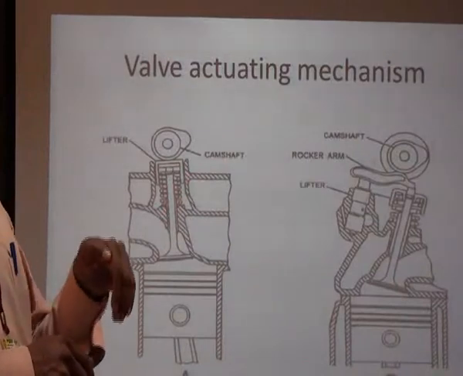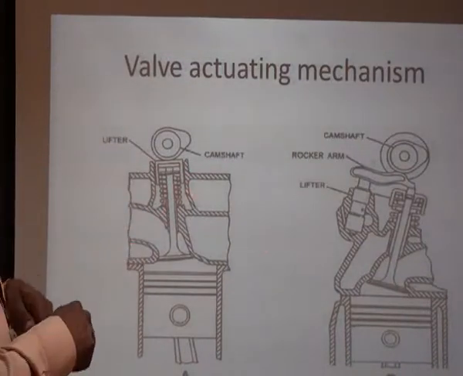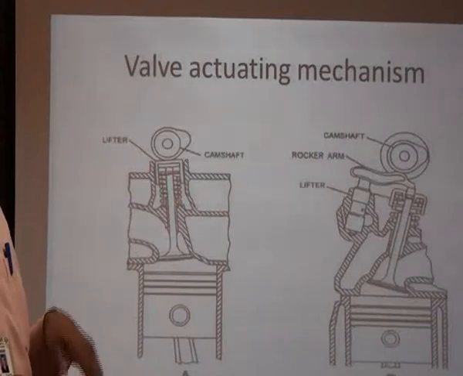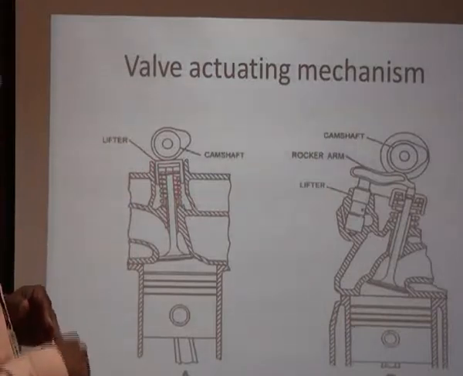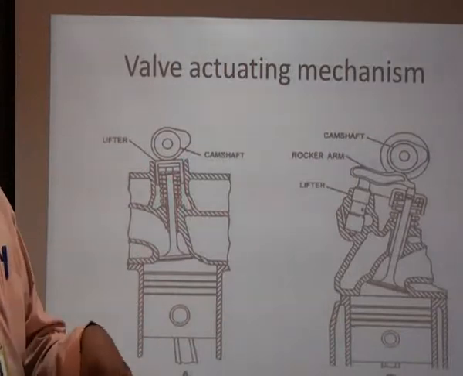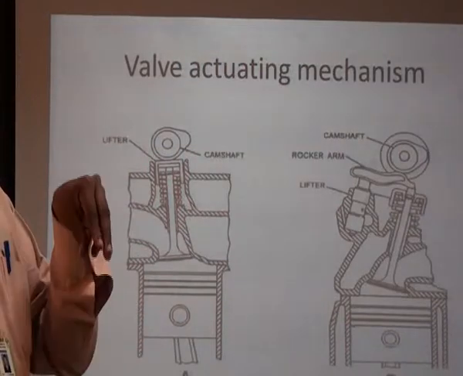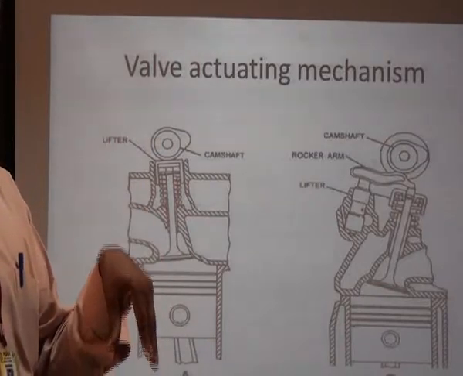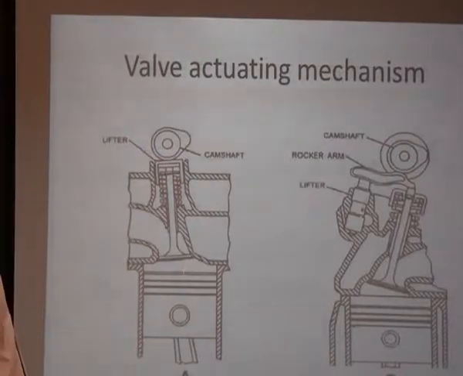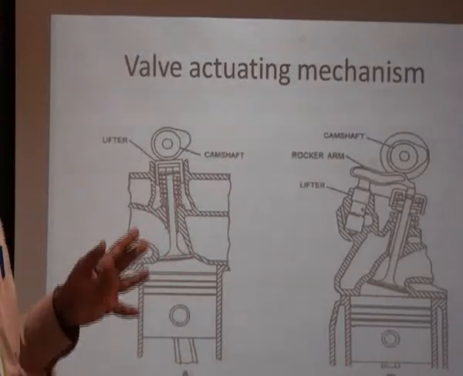That bump pushes the lifter down, against the load of the spring. The spring always makes the valve to be closed, and it is being pressed against the force of the spring, and it allows it to open. Then it opens, then this chamber and this chamber will be connected.